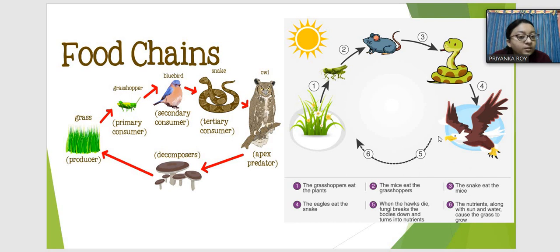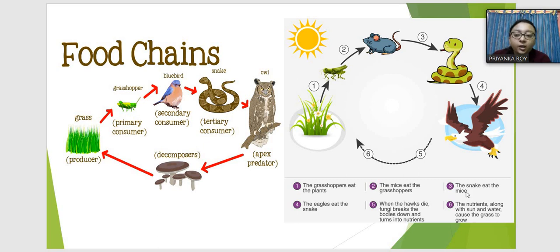Then when the hawk dies, the hawk is the apex predator over here. When it dies, then the fungi or the decomposers break down the body and turn them into nutrients. These nutrients come back to the soil, then along with sun rays and water, the grasses grow back, and from here the chain starts again.